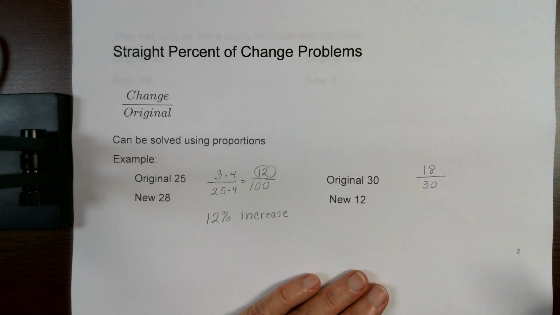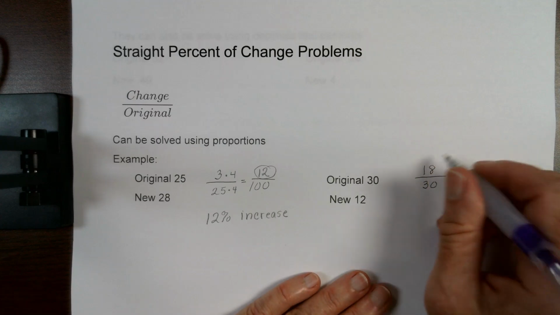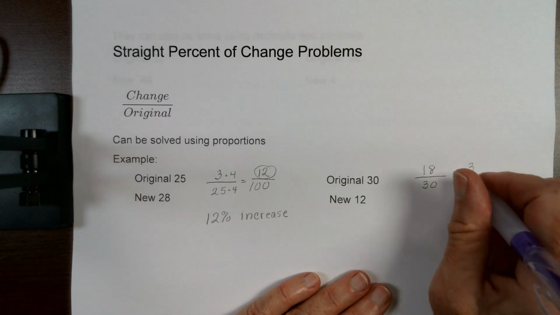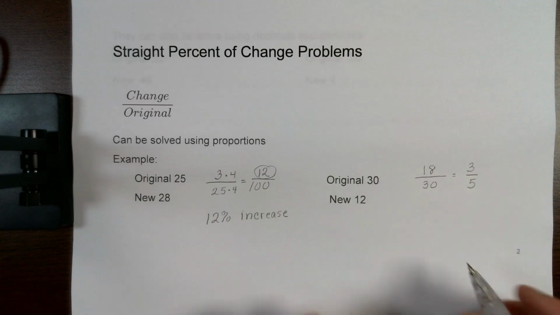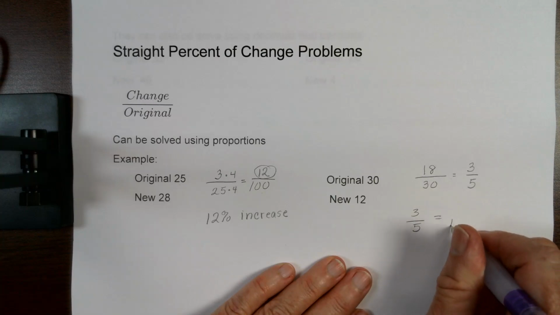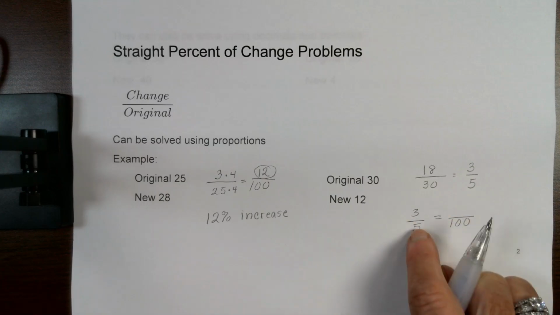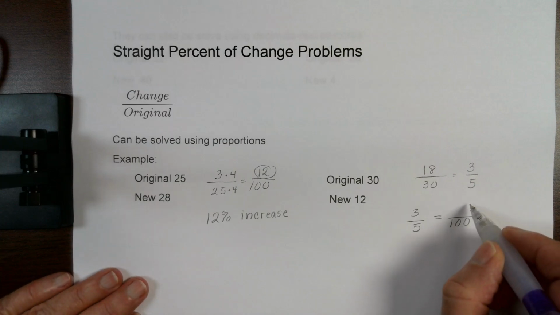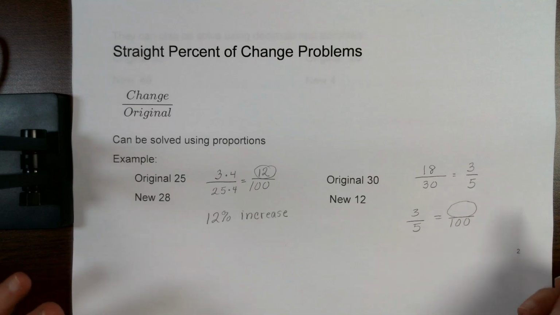I can reduce that down. 6 will go into both of those, so that would be the easiest way to start. So that's going to give me a 3 over 5 when I divide them both by 6. So then I can take that 3 over 5 and make a proportional fraction, a ratio that's equal to it, that has 100 on the bottom.